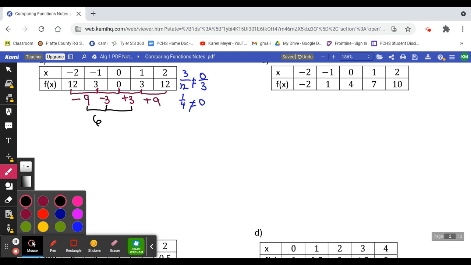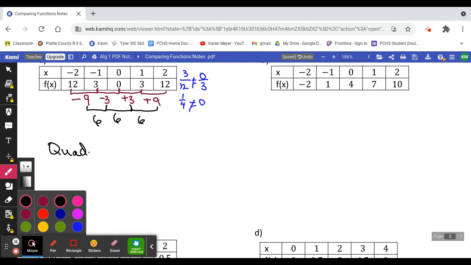I want to go from -3 to +3. That's up 6 spaces. 3 to 9 is up 6 spaces. And then ding, ding, ding, we have a winner. Does everybody notice my second difference is 6 all the way through? So that makes this one quadratic.